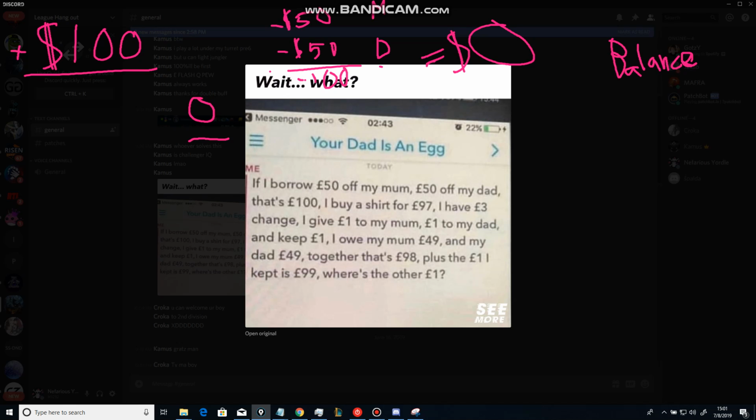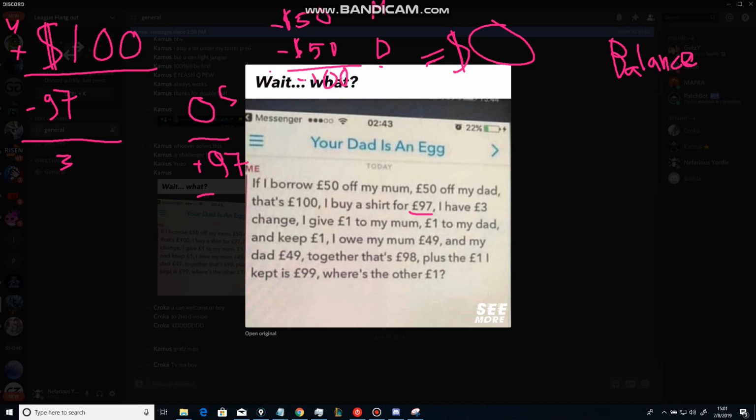Now, what you're going to do is a transaction, right? And a transaction is very simple. You're just going to log the differences here. So the first transaction is this shirt. So you go minus 97. So you have 3 remaining. This is you. This is the store, right? Which means you have to write that as a positive somewhere, which is obviously the store.